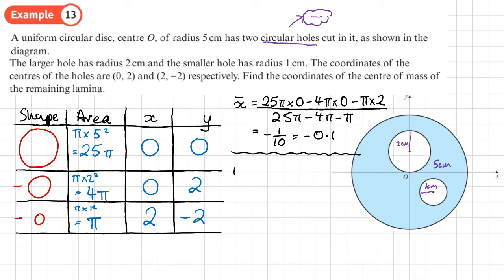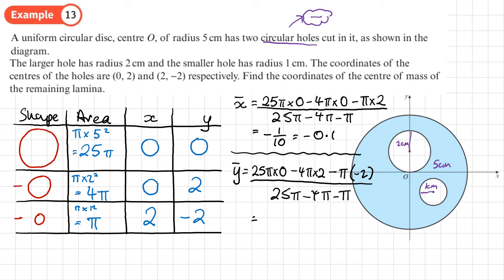We'll now do the same for the y coordinate of the center of mass. We just multiply these areas by the center of mass in the y direction. So we've got 25 pi times 0, minus 4 pi times 2, and then minus pi times negative 2, all divided by 25 pi minus 4 pi minus pi.